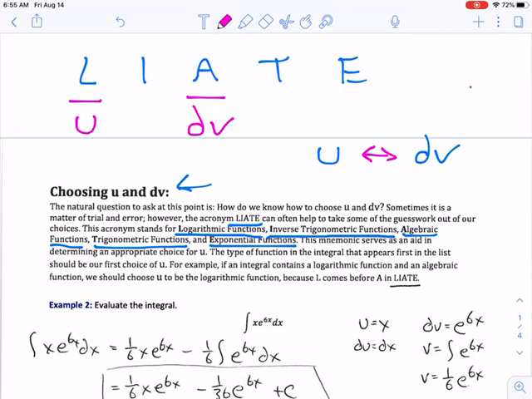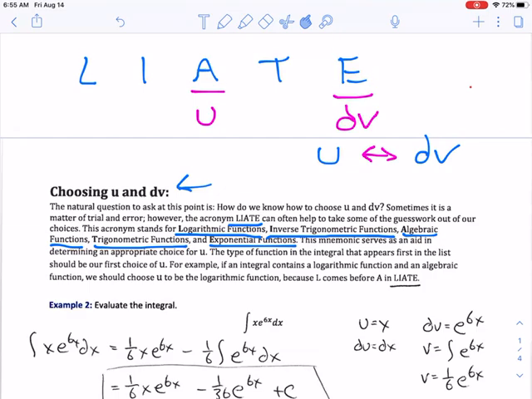No matter what other type of function you have, L has to be u. What happens if we have, like in this problem we're about to do, an algebraic function and an exponential function? Well, then the algebraic function is u, the exponential function is dv. So that's how we go about selecting u and dv.